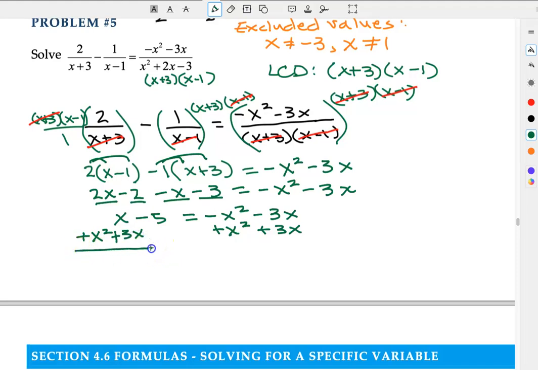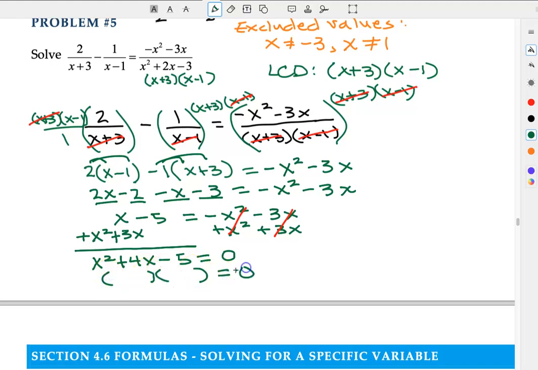Because I'm trying to get everything on one side and put the other side equal to 0. So here I'll have x squared, and I'll add x plus 3x is 4x minus 5, and then now everything was gone there, so this equals 0. So now I can actually factor it to solve it.